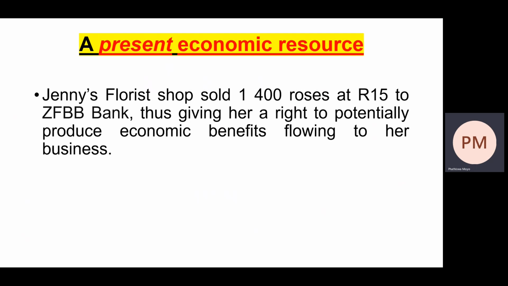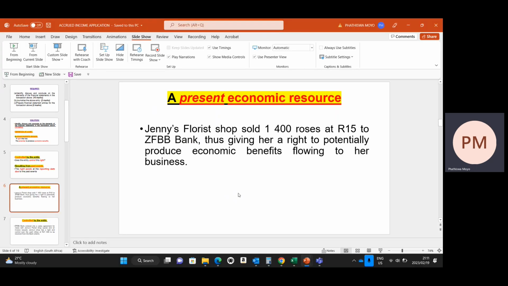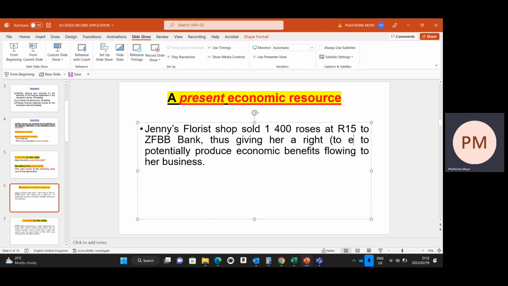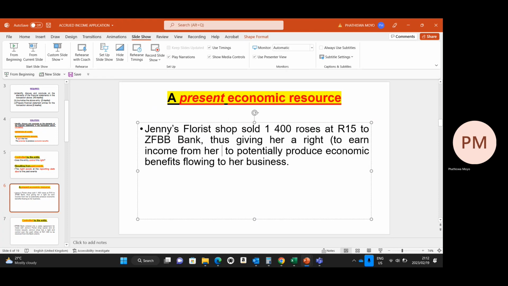Jenny's Florist Shop sold 1,400 roses at 15 Rand net to ZFBB Bank, thus giving her a right to potentially produce economic benefits flowing to her business. That right is giving her a right to earn income from her sales.